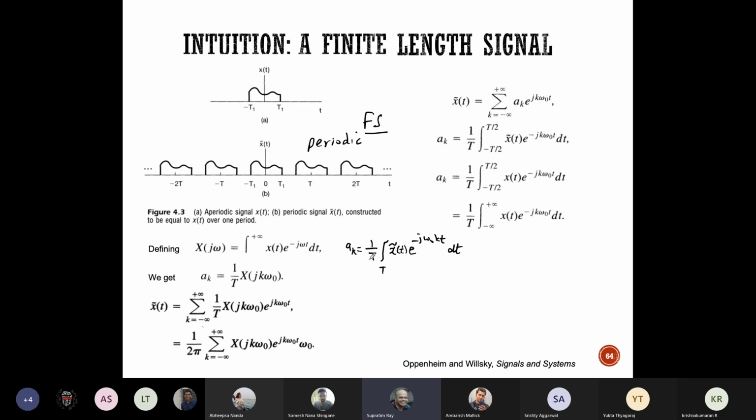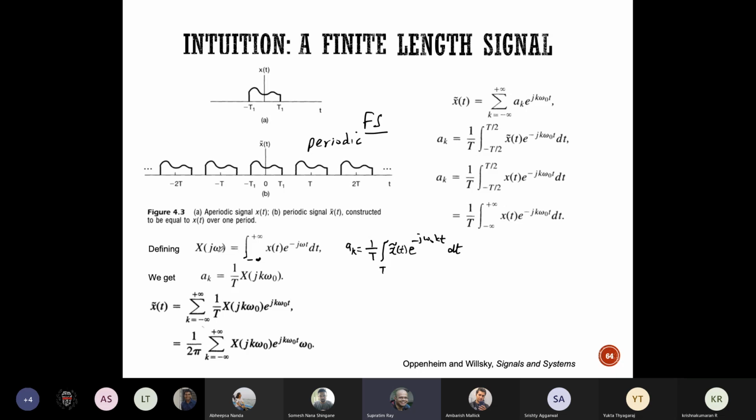This is the Fourier series, right? This is just the previous formula. And notice that I have defined a function, here it's going to be from minus infinity to infinity, which is defined this way. Then a_k is just 1 by T times this function at j k omega naught.